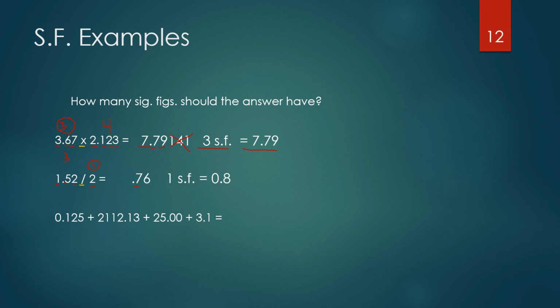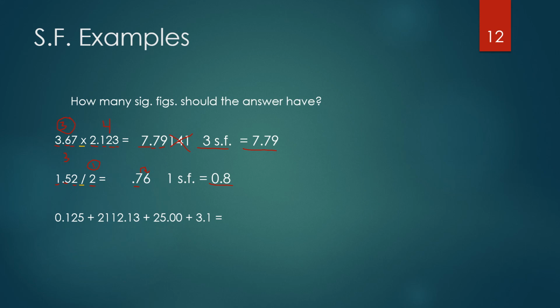Now you always want to make sure that you look to the number next to it, because if the number is 4 or less, that would stay a 7. However, if the number next to it is 5 or more, you need to round up. So in this case, it's a 6. So that means that 7 is going to become an 8 to give us a final correct answer of 0.8 to one significant figure.